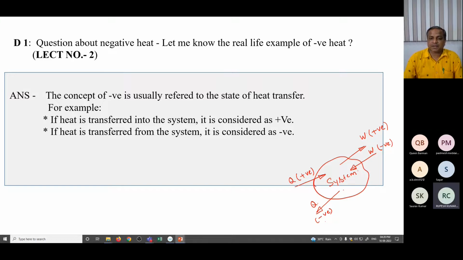Suppose you have a cup of hot coffee and you keep it in the atmosphere, heat goes out of the system. If the coffee cup is taken as the system, with coffee inside at maybe 40-50 degrees centigrade, then when heat goes out of the coffee, we say it is a negative quantity.